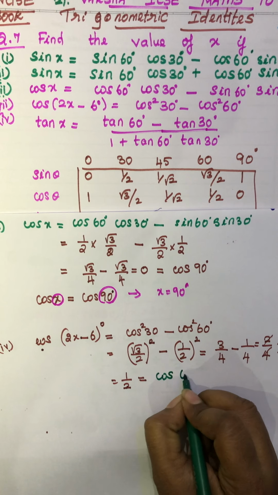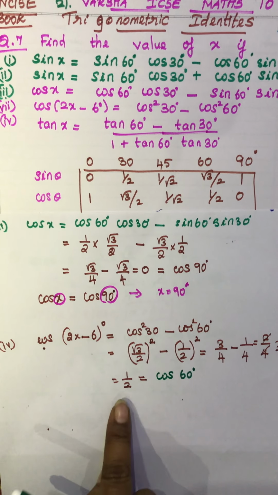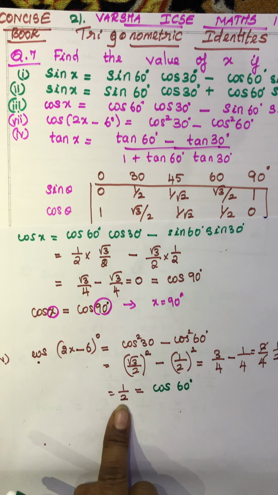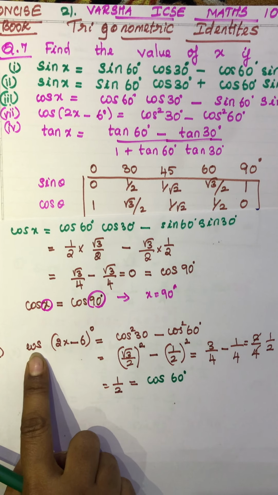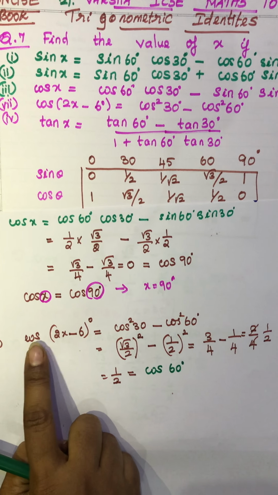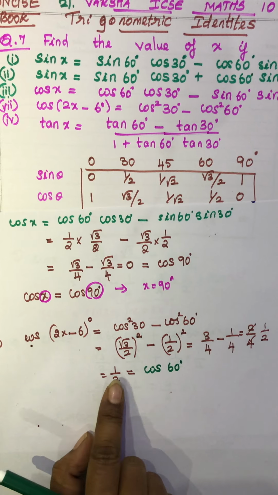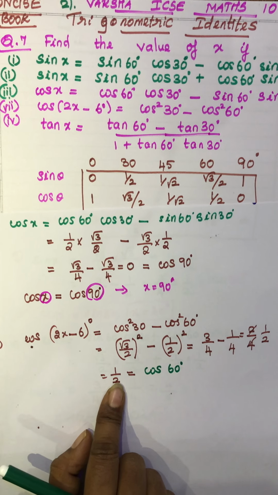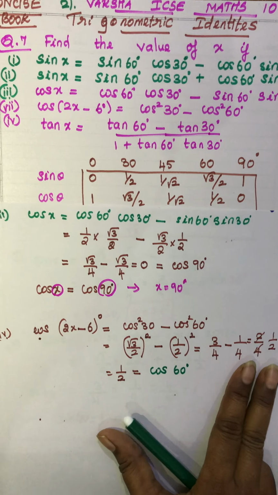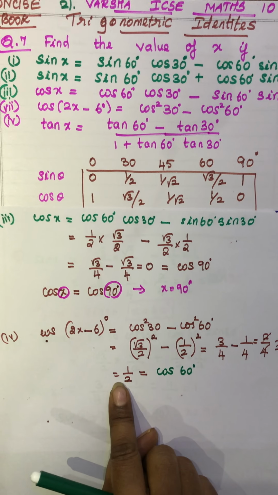Cos 60 degree. Do you understand this step? So cos half. Why are we looking at cos? Because in this question you have cos theta. So you have to see when cos theta is half. When cos 60 degree, the value is 1 by 2. Theta is 60 degree, it is 1 by 2.